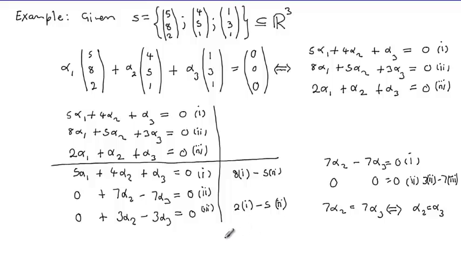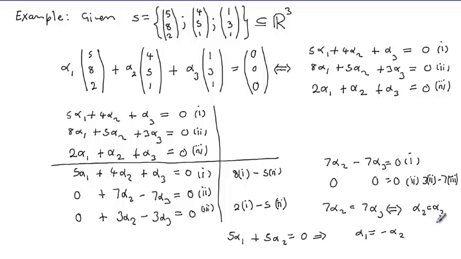Here what we're going to get is 5 alpha 1 plus, if we take alpha 2, this will be 4 alpha 2, which will give us 5 alpha 1 plus 5 alpha 2 equals 0, which implies that alpha 1 is equal to minus alpha 2.